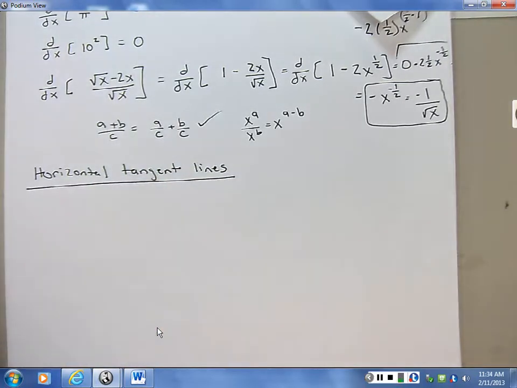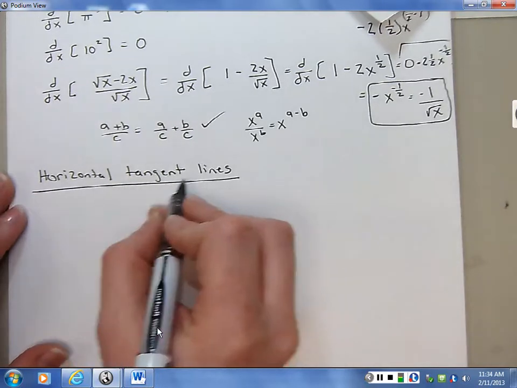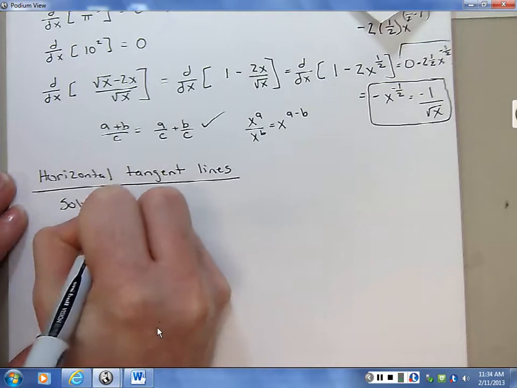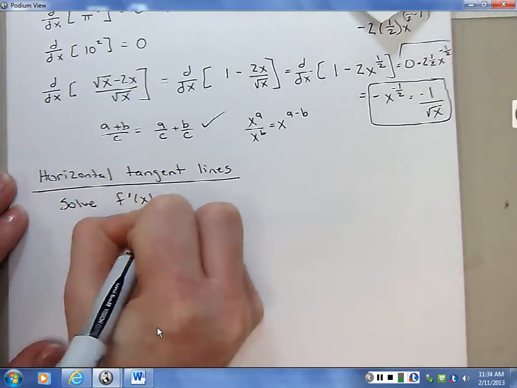So if you think of position and velocity, if you think of a graph, if I differentiate position, I get velocity. So I might want to solve when is the car stopped. The car stopped when the velocity is 0. So if I have a position function, I differentiate it and set that equal to 0 and solve for when that happens. So horizontal tangent lines, you're going to solve for when the derivative of the function equals 0.